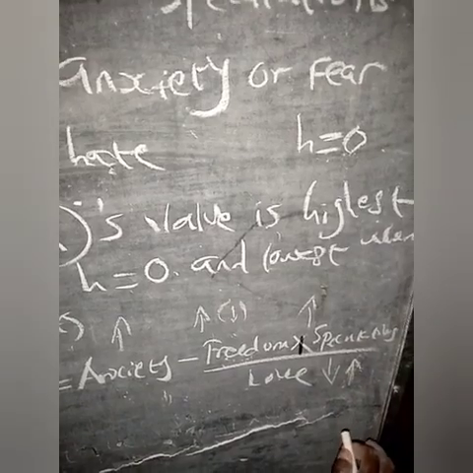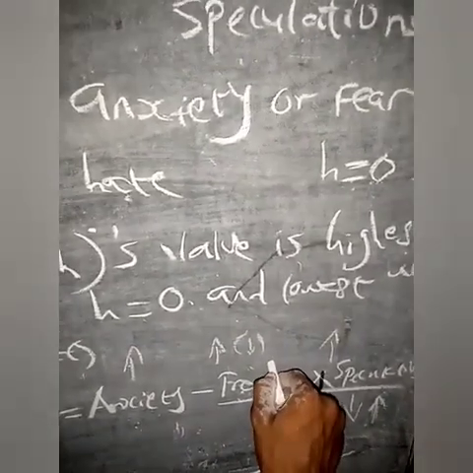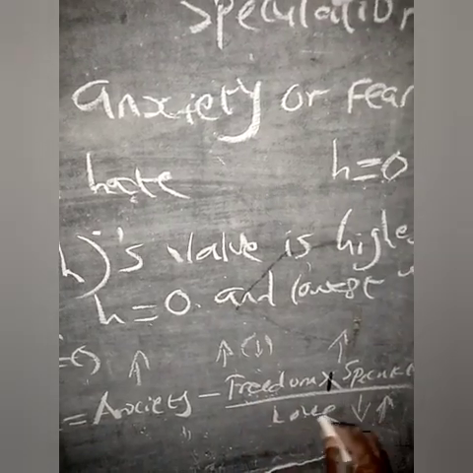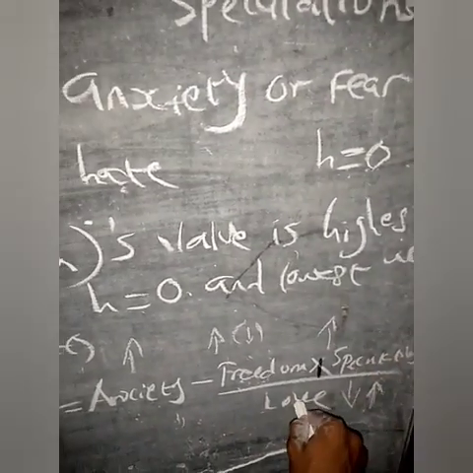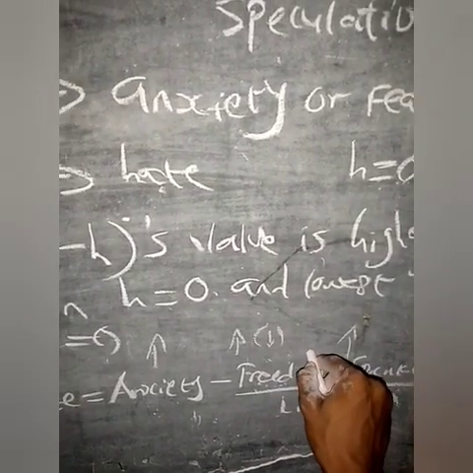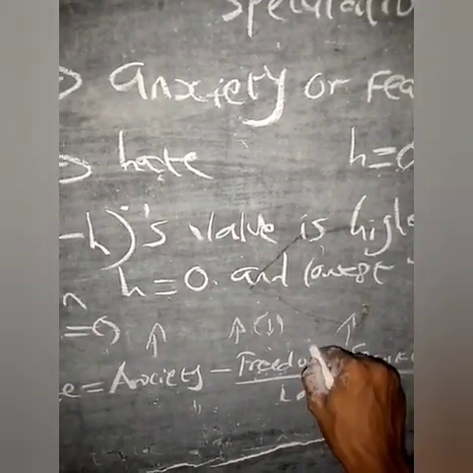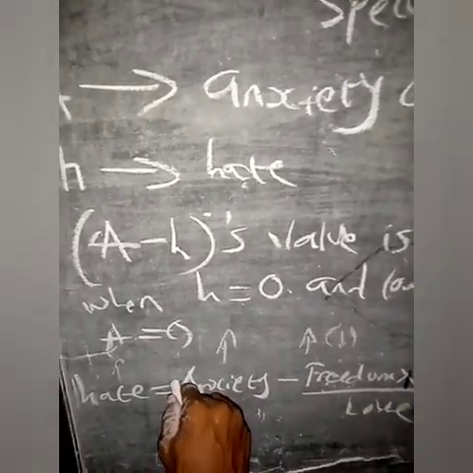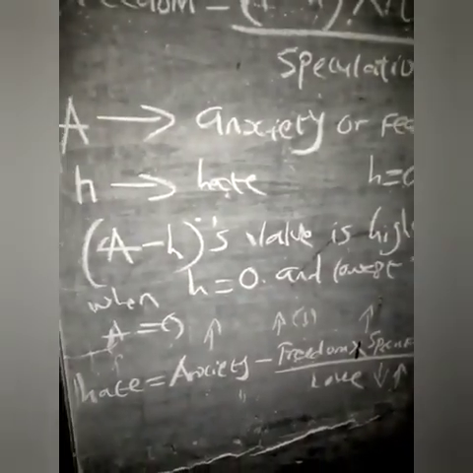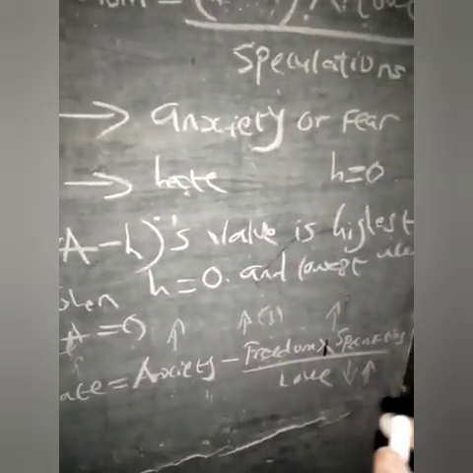Why? Because you have thought about that thing and occupied your mind, thus reducing freedom, in order to increase the love you have for that thing. When love increases, you must have occupied your mind, thus reducing freedom, reducing anxiety, reducing speculations, and also reducing hatred.